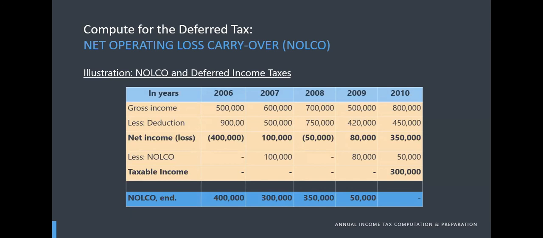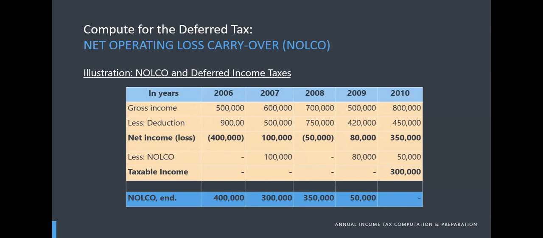So the 270,000 minus the 50,000, which was just incurred last year, or equivalent to 220,000, is already expired in 2009.